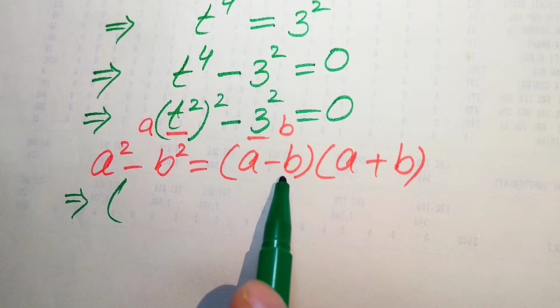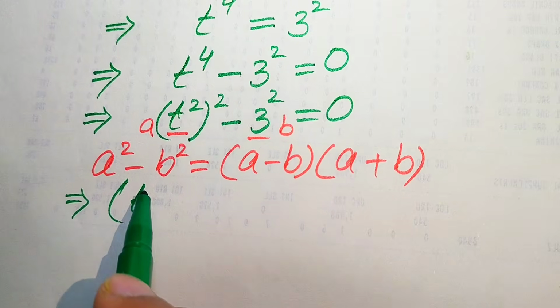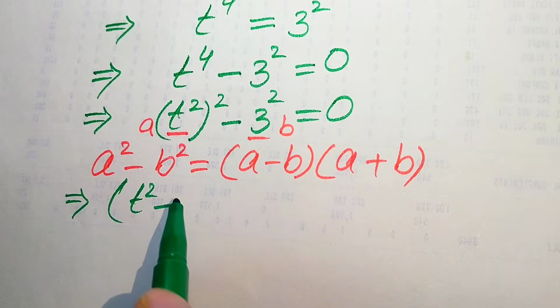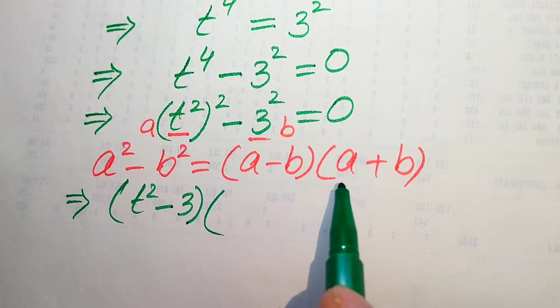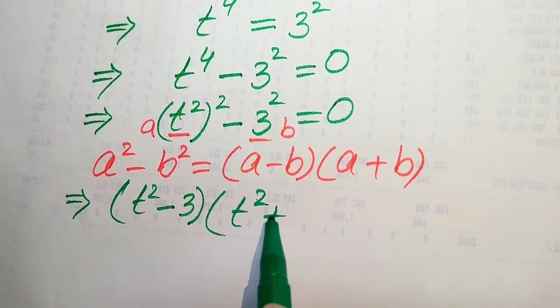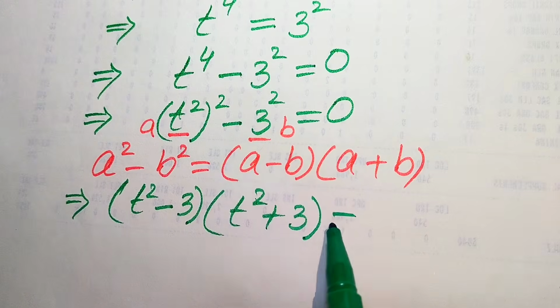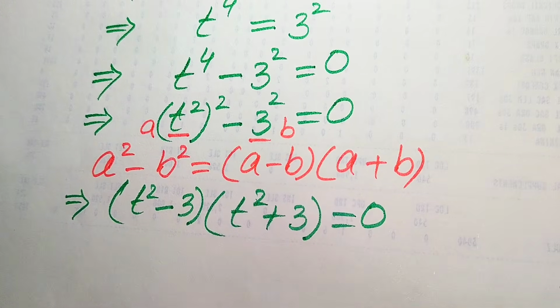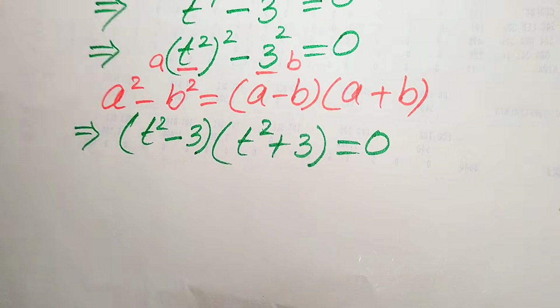After putting the values of a and b here, it will be written in this form. Our first factor is a minus b: the value of a is t square, minus the value of b is 3, into the second factor a plus b: the value of a is t square, plus the value of b is 3, and this whole equation is equal to 0. In the next step we divide this equation into two cases.